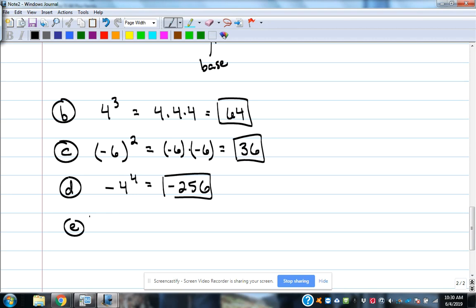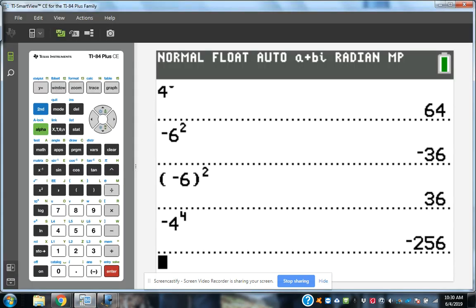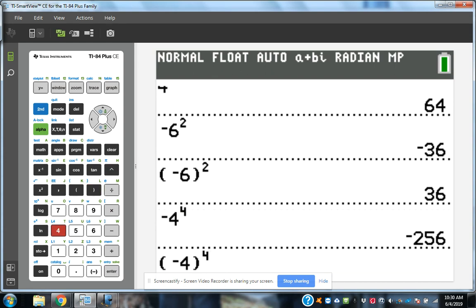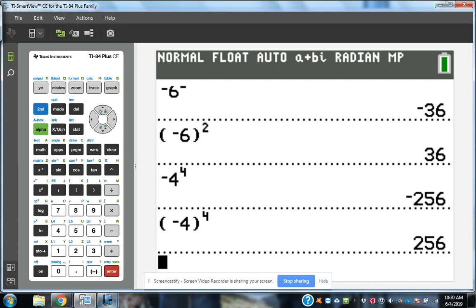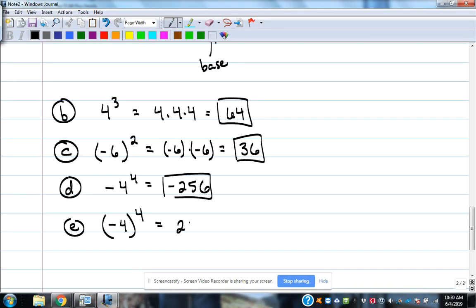But if it asked me to do -4 raised to the 4th with the parentheses, I'm going to put it in parentheses, -4 raised to the 4th. I'm going to get positive 256 out of that.